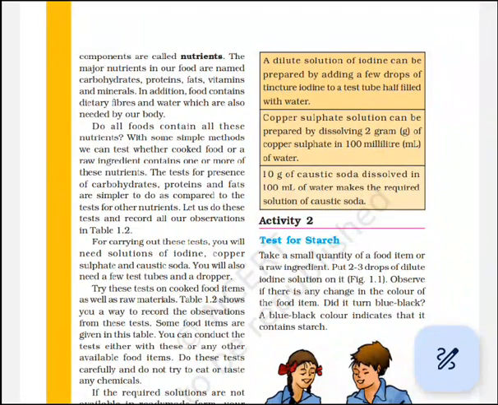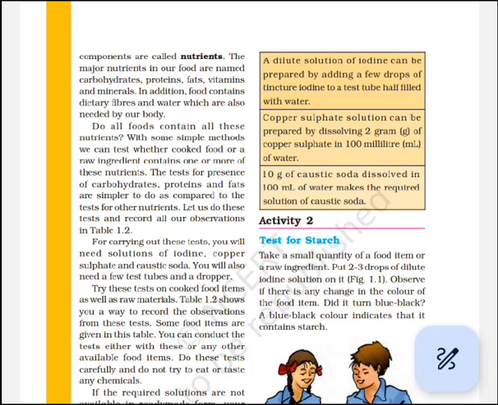These components are called nutrients. The major nutrients in our food are named carbohydrates, proteins, fats, vitamins, and minerals. In addition, food contains dietary fibers and water, which are also needed by our body. Do all foods contain all these nutrients?